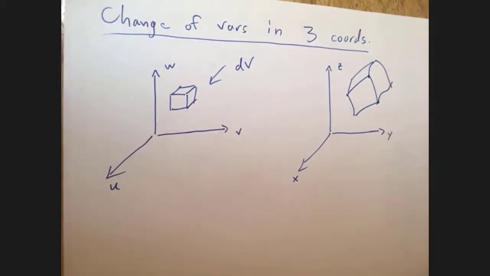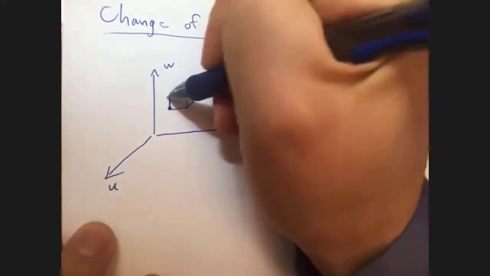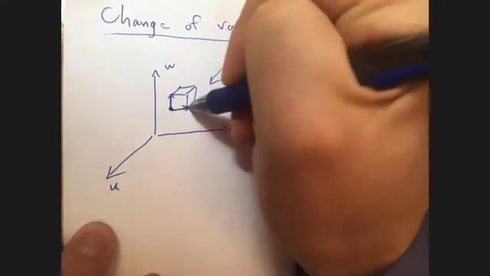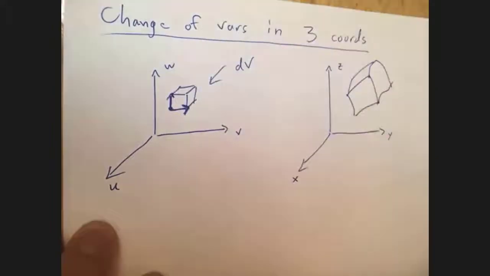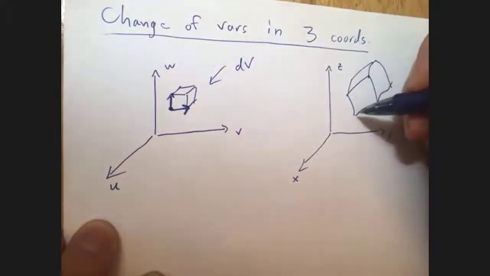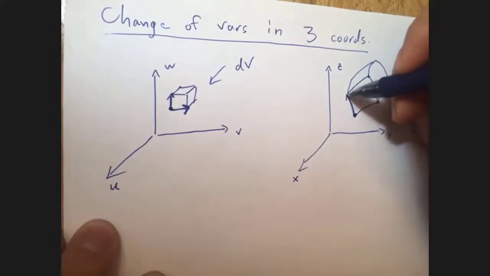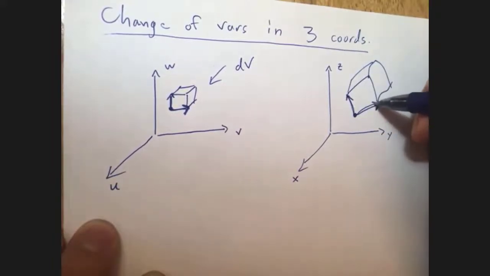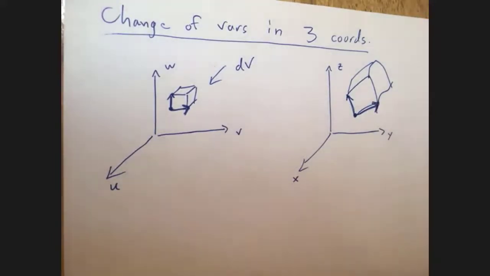What we did last time is we looked at where the vectors that define the edge of the cube went. They go to new vectors over here. If their lengths get expanded, then that expands the volume, so we want to explore exactly how that happens.